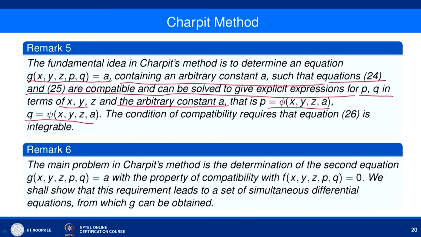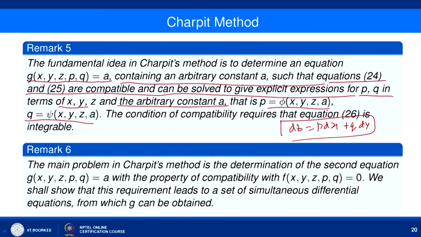The condition of compatibility requires that equation 26, that is dz equal to p dx plus q dy, is integrable. So, the problem is how to find this one parameter equation of PDE.